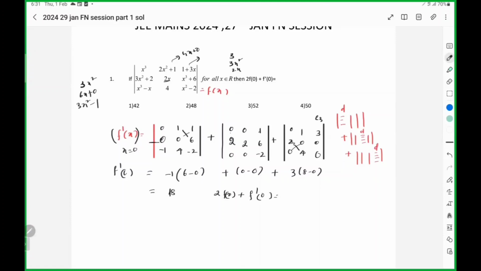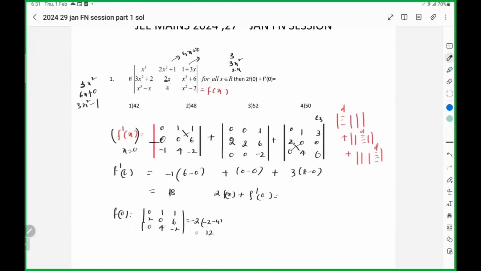So 2f of 0 plus f dash 0. f of 0 here is the determinant 0 2 0 1, 0 4 1 6 minus 2. Evaluating the determinant with respect to the first column, leaving this column and row, minus 2 minus 4. 6 into 2, 12.